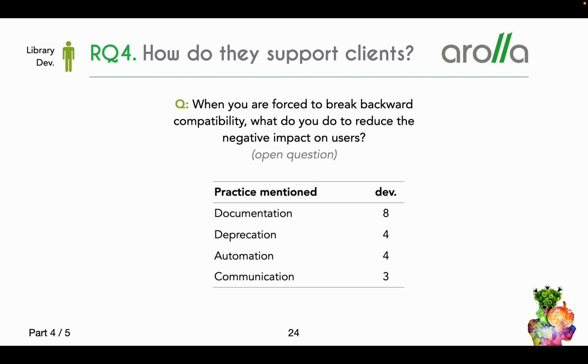The most popular practice was documentation, then deprecation, automation, and communication. So this can hint at what kind of support library developers can give to their clients and what kind of things they can do to help their clients to update.